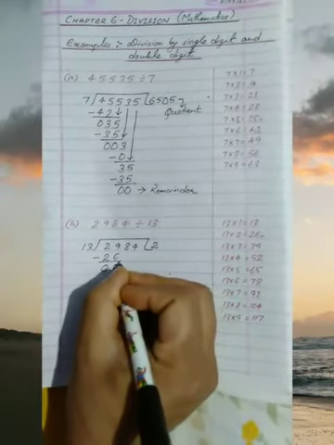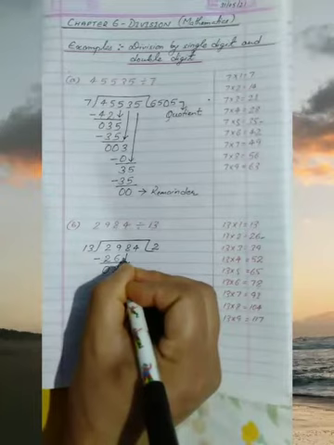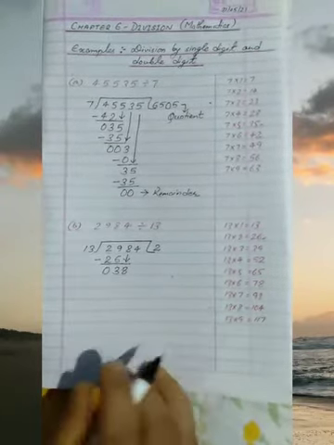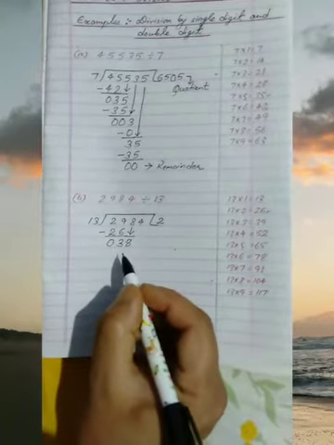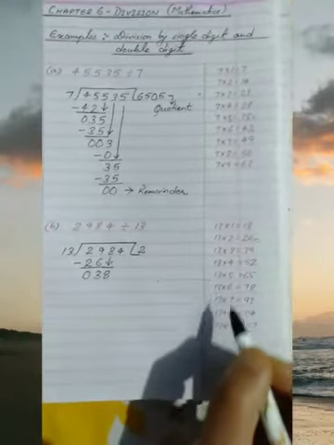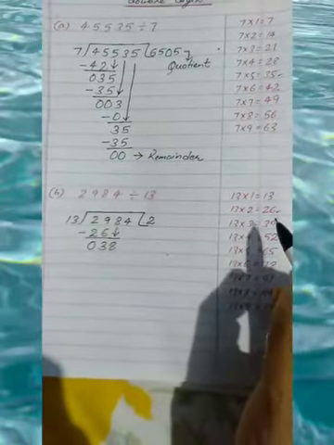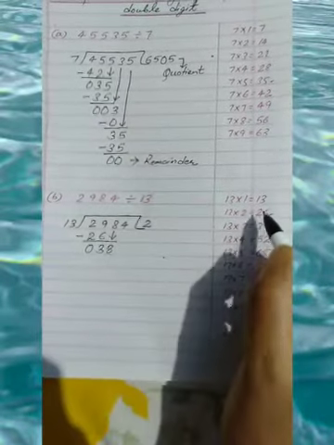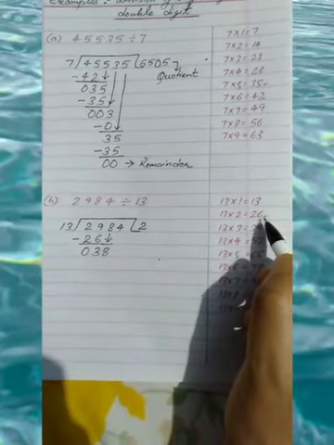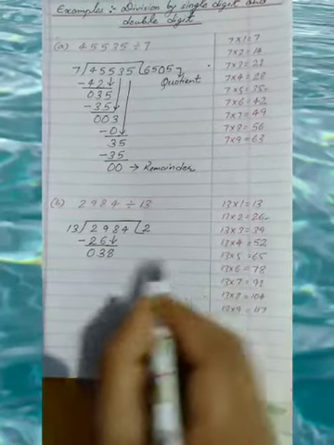Now let's bring down this number 8 in front of 3. Now we have 38, so again we have to check the number which is just less than 38 in the table of 13. Again 26 is the number which is less than 38.